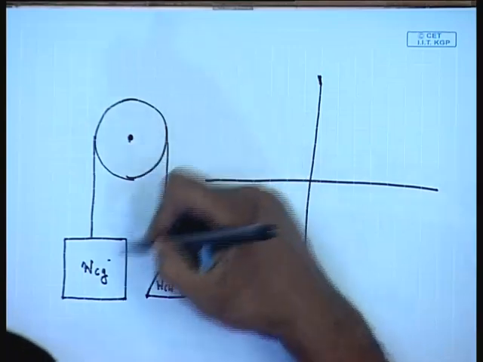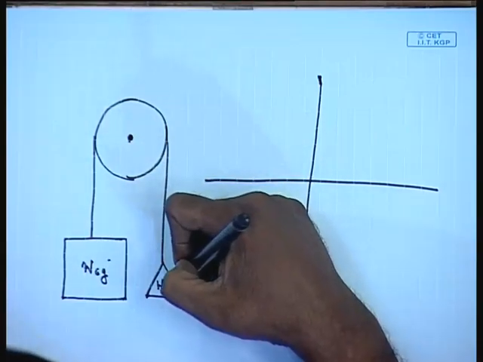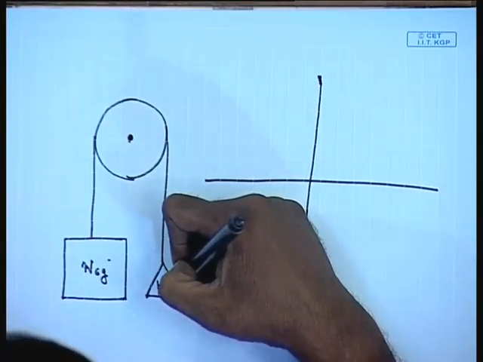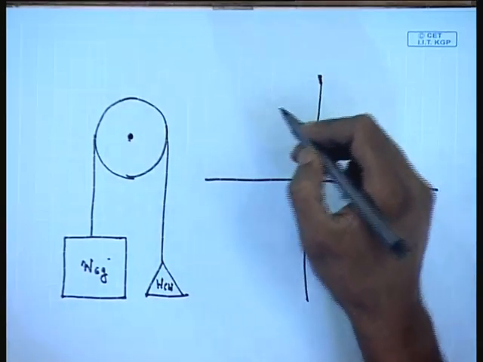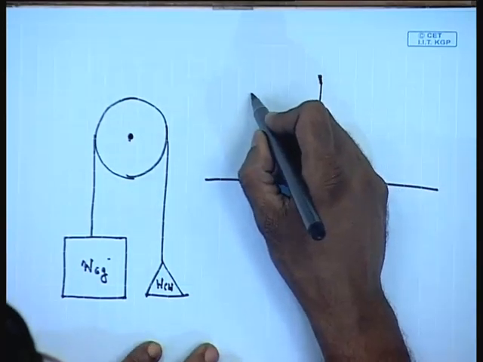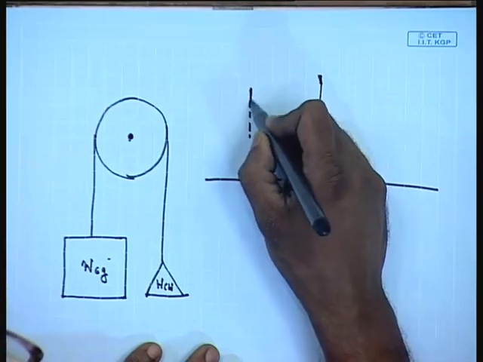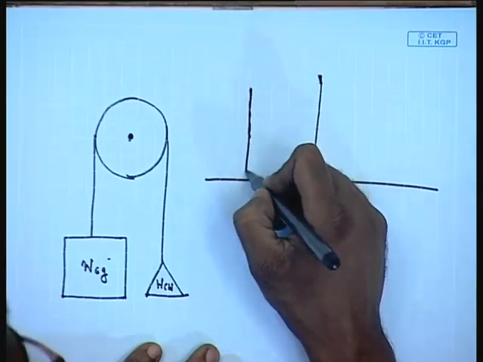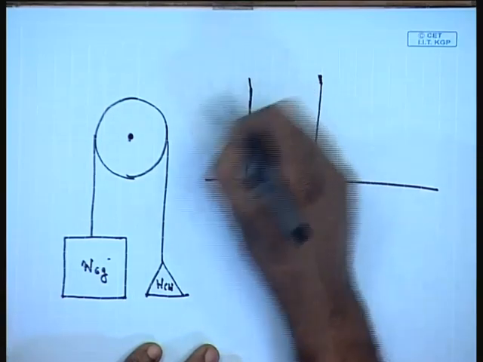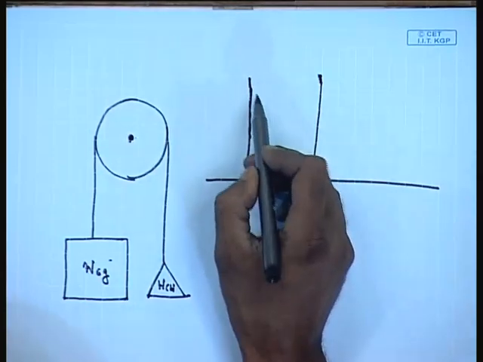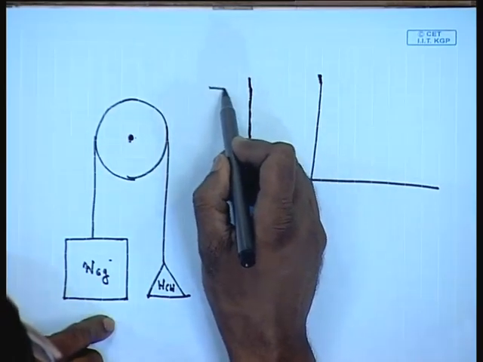Now since WCG is much lower than WCW, the torque speed characteristic of the load will become negative, will go in this direction. The same motor torque speed characteristic, with the same applied voltage, will remain the same.